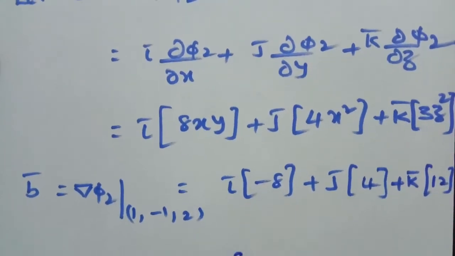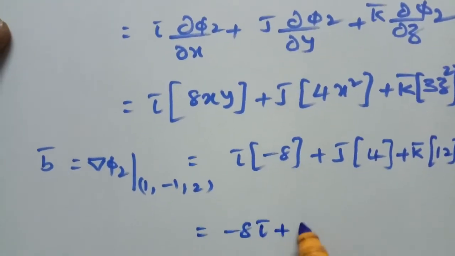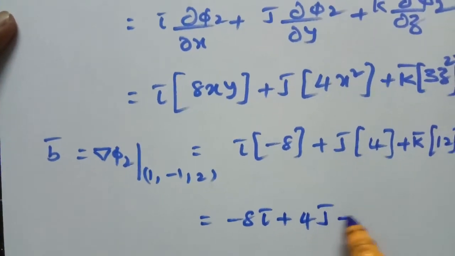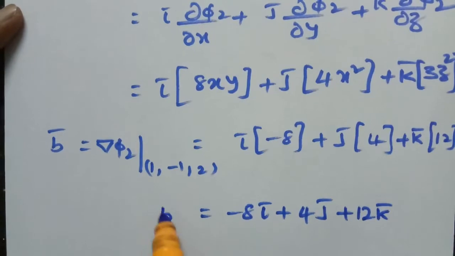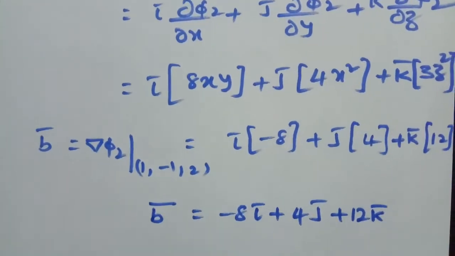Therefore, -8 i bar plus 4 j bar plus 12 k bar. This is b bar.